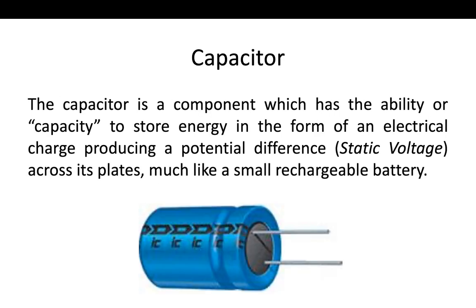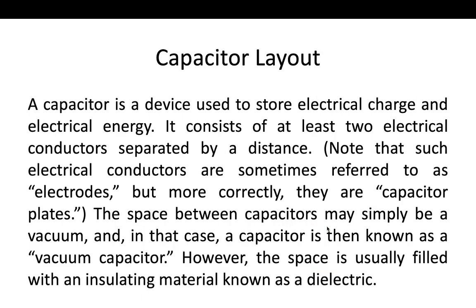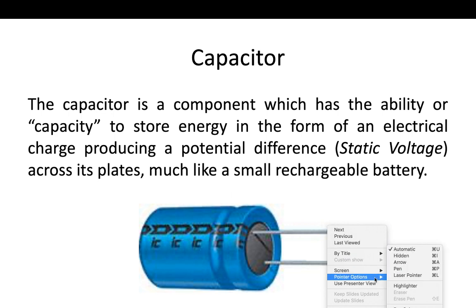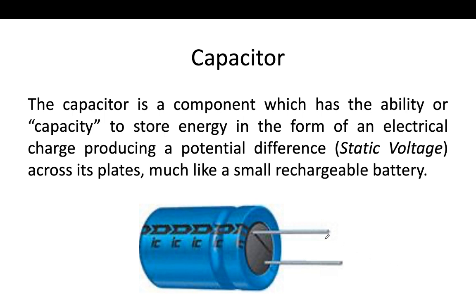So they are talking about the space between the plates of these two electrodes, this one and this one. Mostly the space between them is vacuum inside this round shell. If it is a vacuum then it is called a vacuum capacitor, otherwise it is filled with a dielectric material.